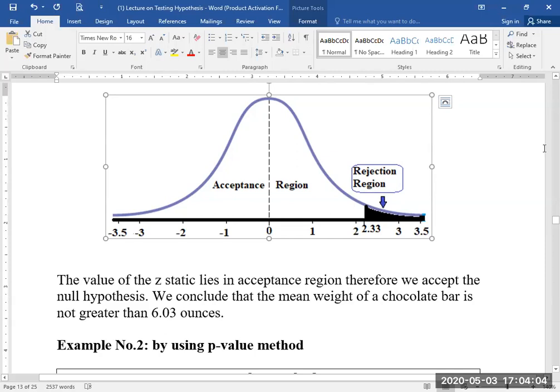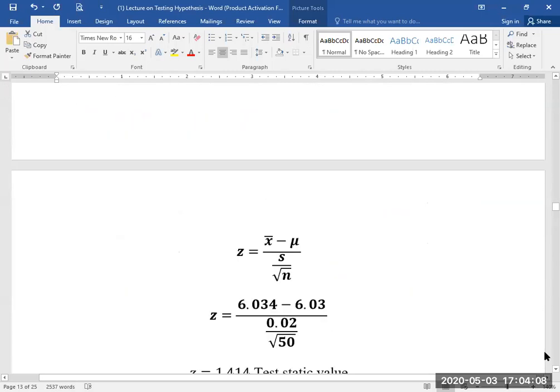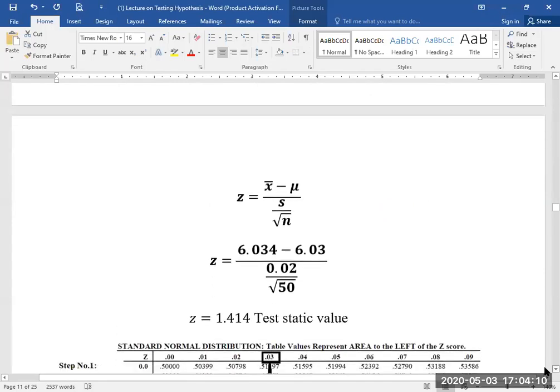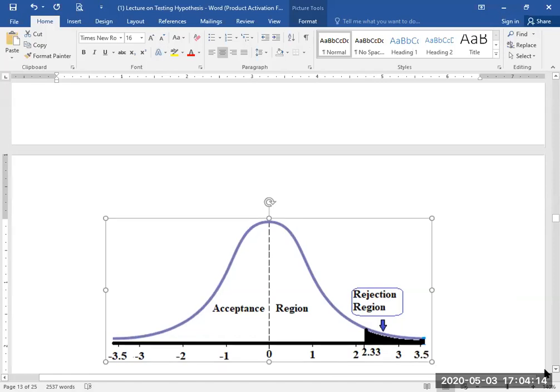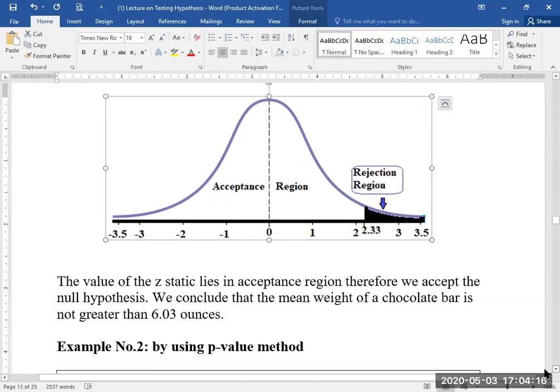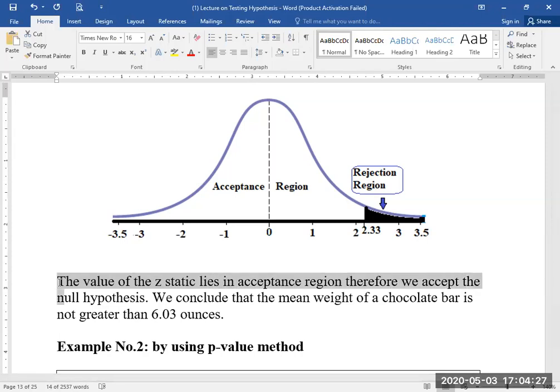Okay student, now we will see what the test statistic value was. Test statistic value was 1.414, and we have to see whether this value lies in the rejection region or the acceptance region. The Z statistic value lies in the acceptance region. Therefore, we accept the null hypothesis and conclude that the mean weight of the chocolate bar is not greater than 6.03 ounces.